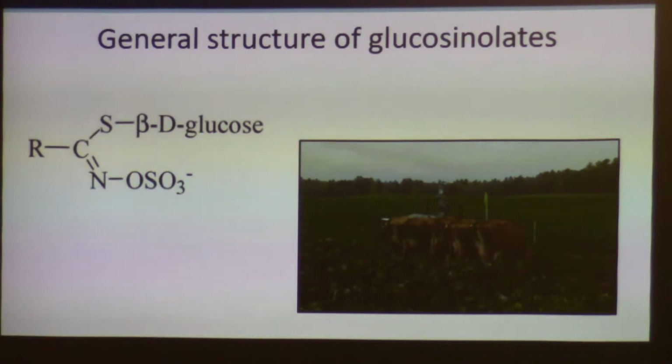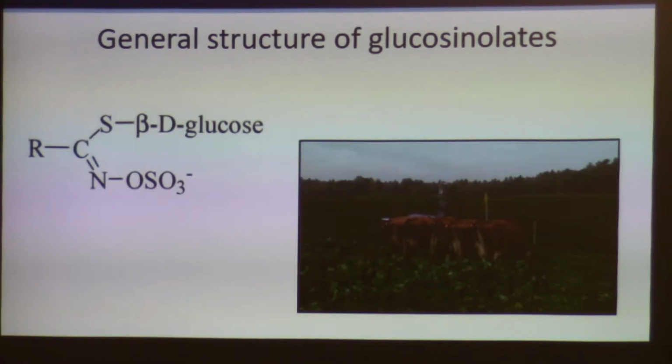Going back to the glucosinolates, these are sulfur compounds, and as I said, brassicas are the plants within the plant kingdom with the highest concentration of glucosinolates. Glucosinolates are plant secondary metabolites. They basically protect the plant against predation, whether from grazing animals or insects, or even disease from viruses or bacteria.